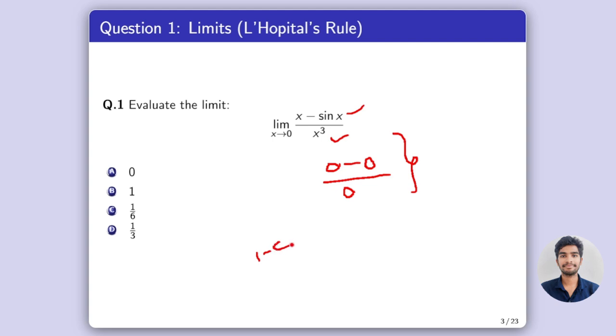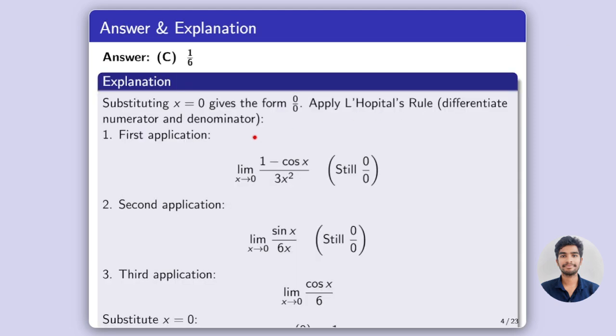Let me explain very briefly. You observe that substituting, limit x tends to 0 of (x minus sin x) by 3x square is still 0 by 0. So we applied the first derivative.